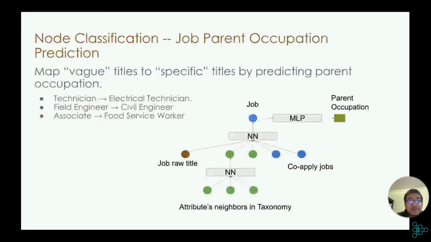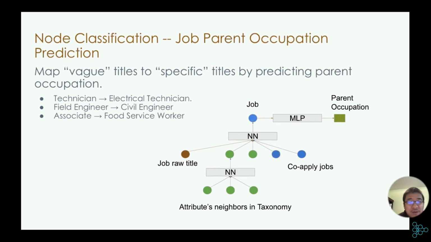Yeah, and with this single giant graph, we can conduct some very complicated machine learning tasks. For example, we can predict. Let's say this member just put technician associate in her profile. It's difficult to understand what kind of job this person is working on.